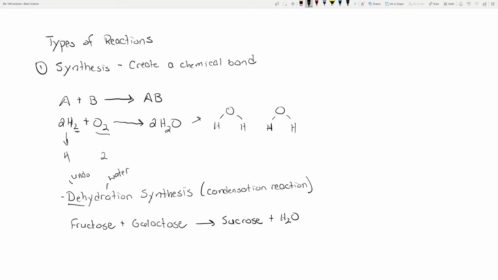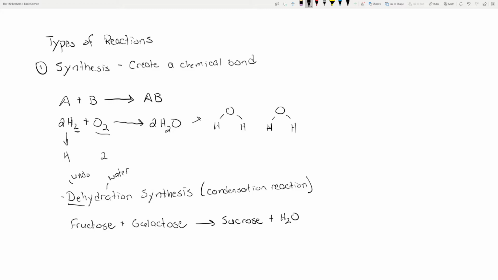Again, right now, you don't have to know the workings of it. When we talk about carbohydrates, I will show you where we remove the water to make them larger. But right now, all you need to know is dehydration synthesis: I combine 2 smaller molecules or compounds together by removing a water from them. I take a water out.